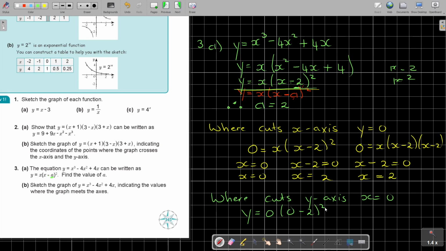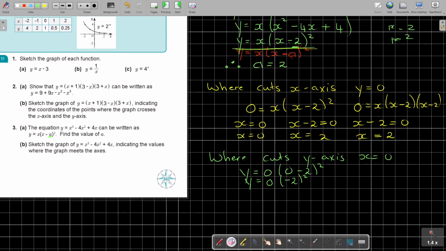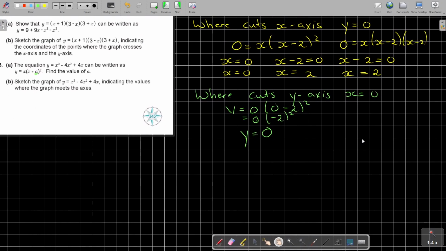Although you get negative 2 squared, you multiply 0 by positive 4, and that's 0. So it cuts the y-axis at 0. Okay, so it's a bit a difficult one because it's having very simple values. Okay, but let's go and make the sketch and take it from there.